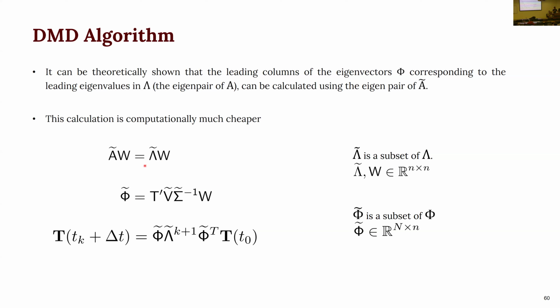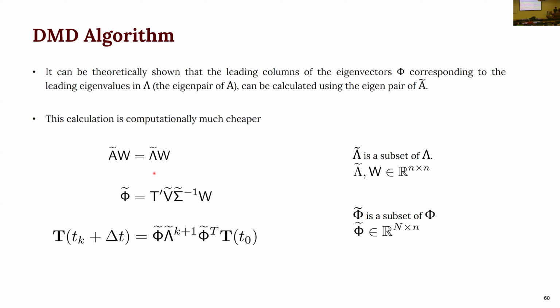So we are never actually calculating A. We are not calculating the eigenvectors or eigenvalues of A. Rather, we are using this A tilde to approximate phi tilde and lambda tilde.